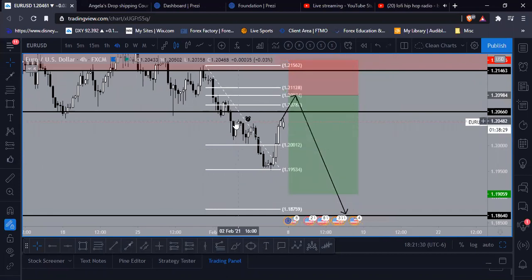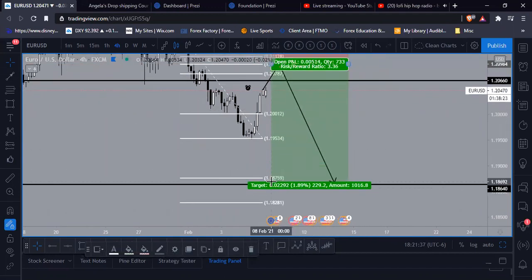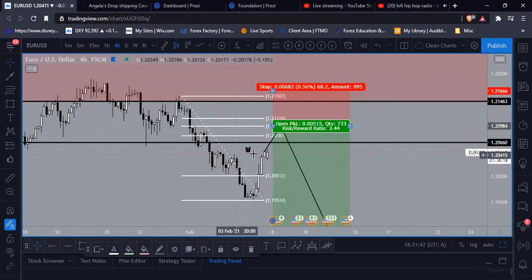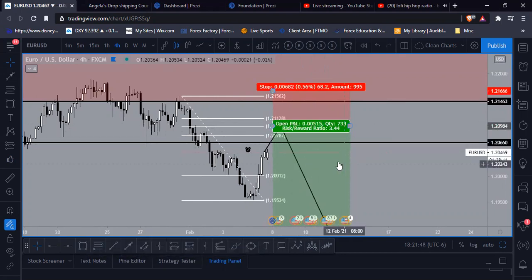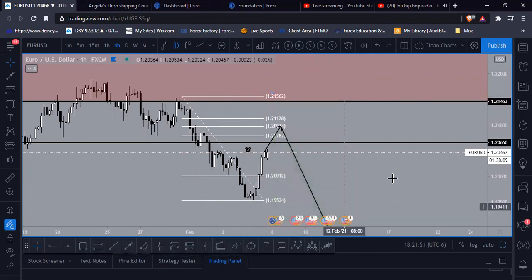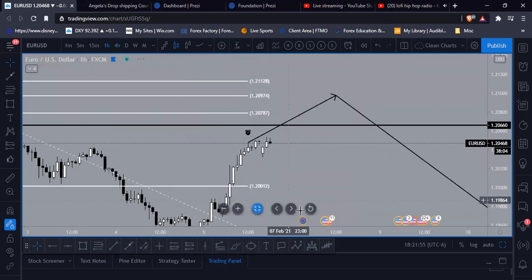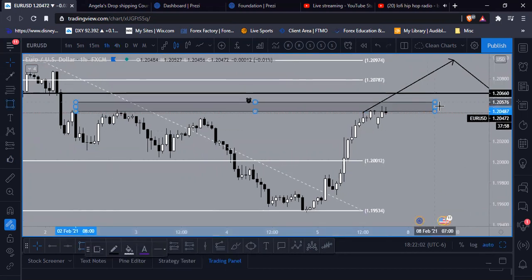Now, I do see that it is at this level right here where it can respect. And I would just give a little game to the risky traders out there. If you want to try to sell it right here, because you don't think that price is going to climb up to 1.20974 or 984 as it shows, what you could really do is go on to the lower time frames, and you see this zone right here.